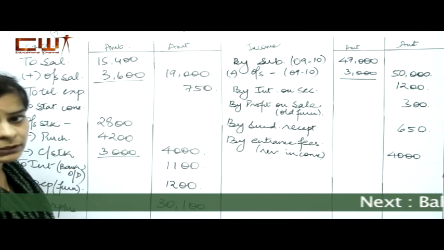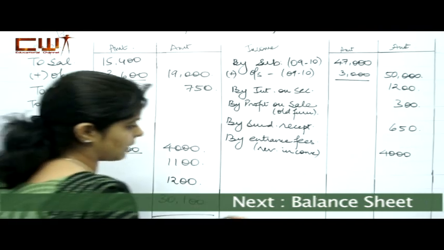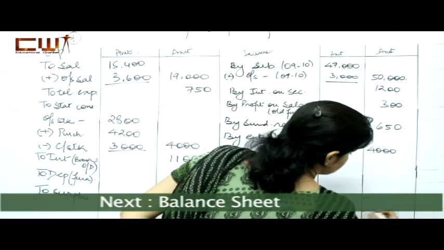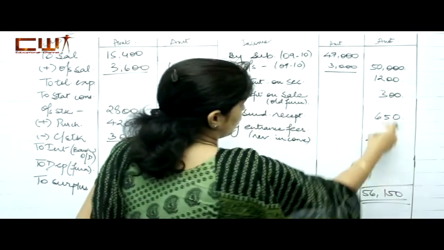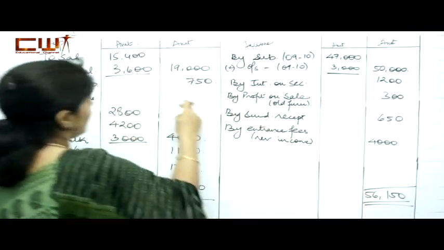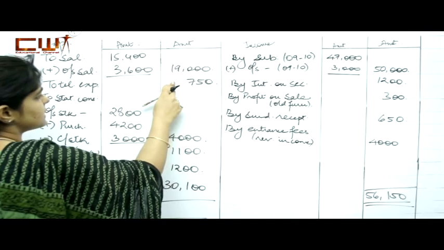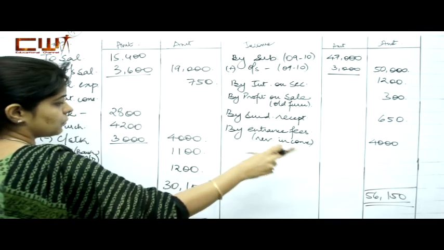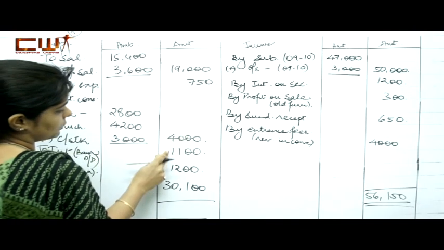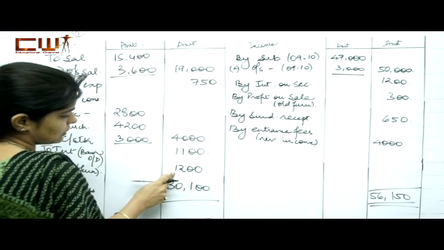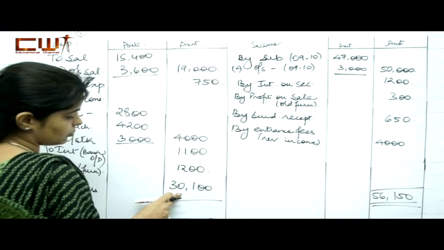Let's see what the total is. The total is 56,150 on the income side, and the expenditure side is lesser. So 56,150 minus 19,000 minus 750 minus 4,000 minus 1,100 minus 1,200 will give you 30,100.